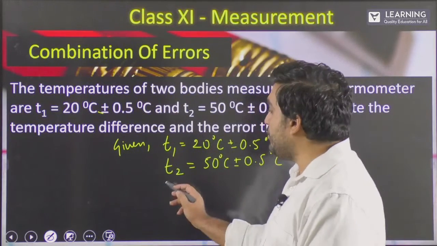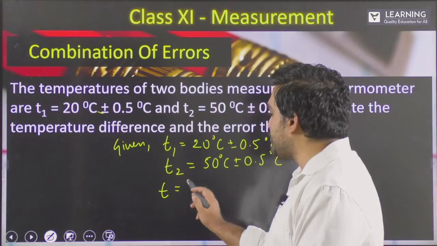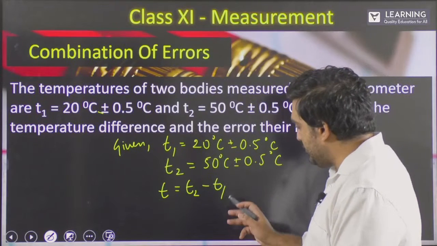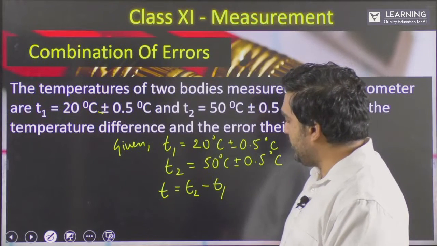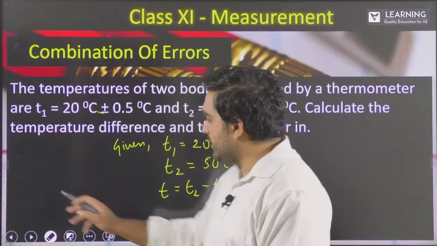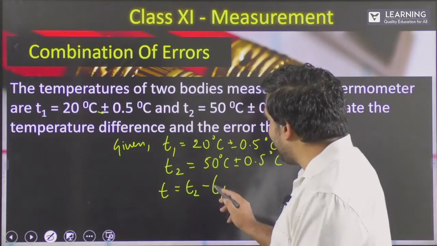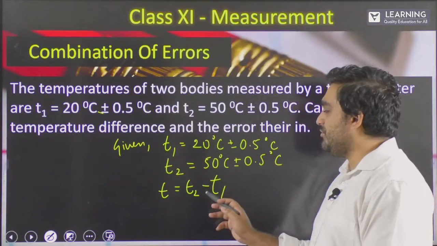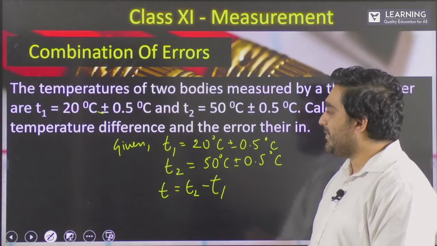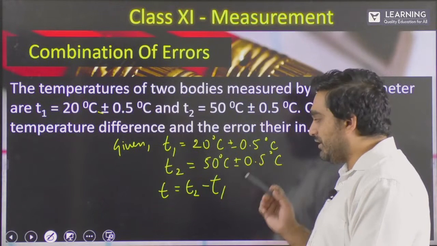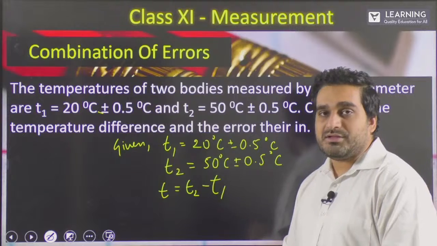The difference in the two is T, which is equal to T2 minus T1. That does not look like a T, so I will correct that and then write it as a T. T2 minus T1.